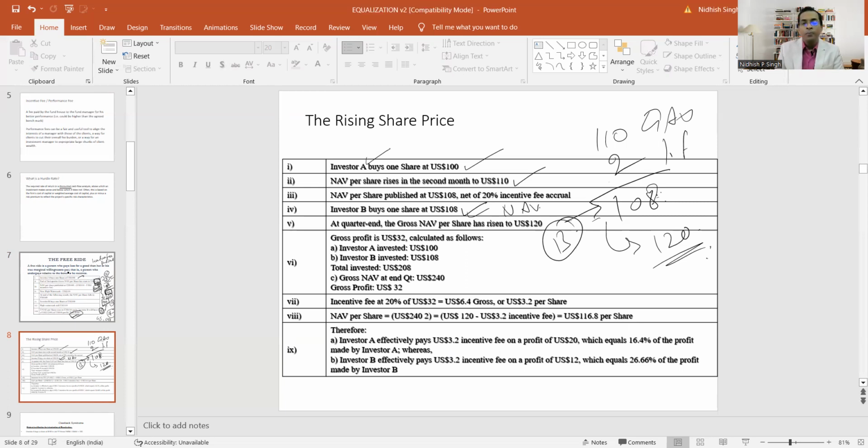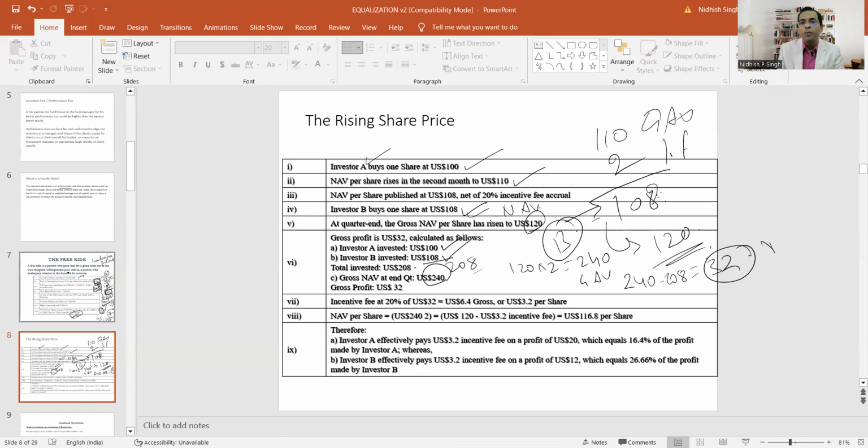And let's see how. Investor A invested 100, B invested 108. Altogether, 208 is the capital. Since NAV has risen to 120, that means 120 times 2, 240 is the total GAV here. So 240, what is the profit? 240 minus the original investment of 208 gives 32 as the total profit.